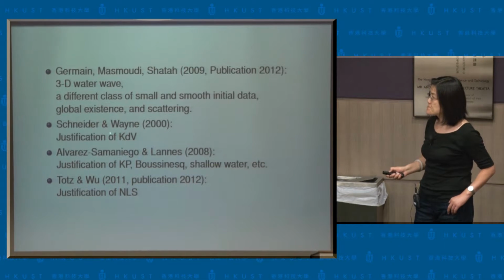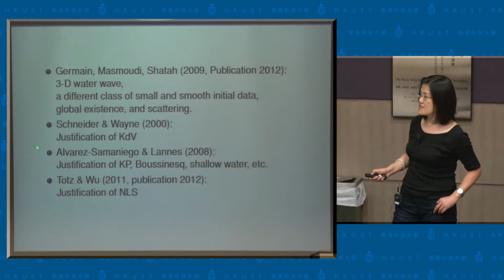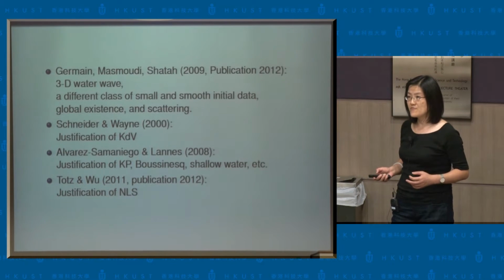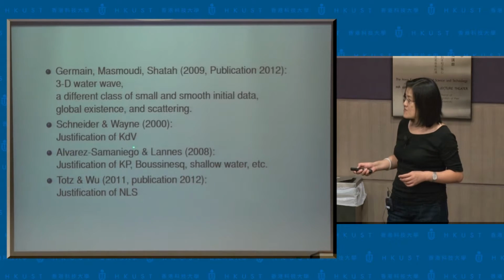And for water wave, actually, there are different ways to study water waves. This is very classical. For example, you can think about water waves in different scaling regions, and you find in different scaling regions you will see the KdV equation and even the KP or Boussinesq shallow water equations, and in a modulation region, the nonlinear Schrodinger equation.